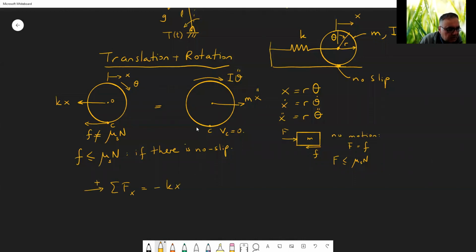So you have minus kx minus F. Maybe we should put a force here so that there will be an external force, F of t. So the forces should be equal to m x double dot.